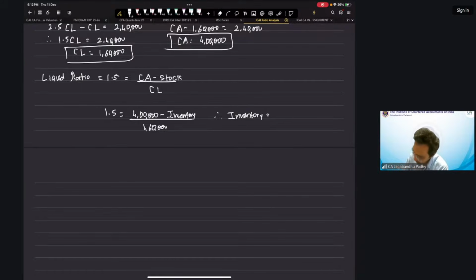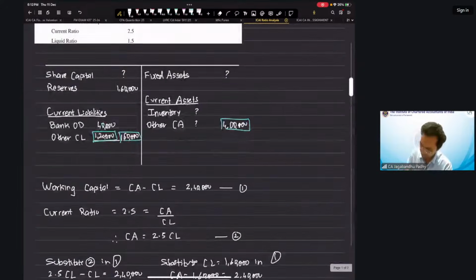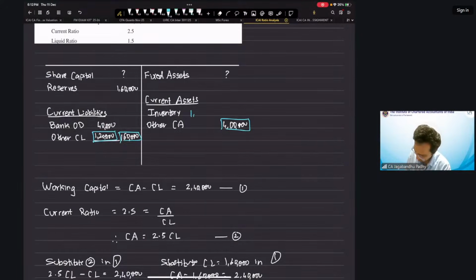Yeah. So we got the value of inventory in our question to be 1 lakh 60,000. So of course, other current assets will amount to 2 lakh 40,000. Got it?